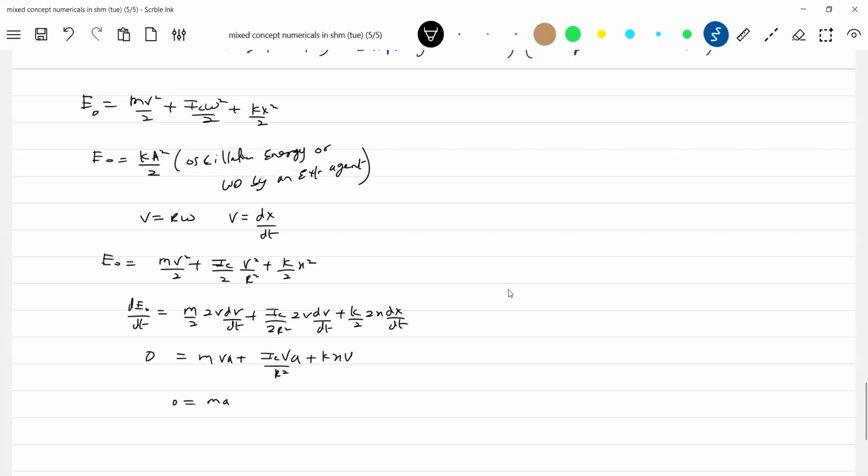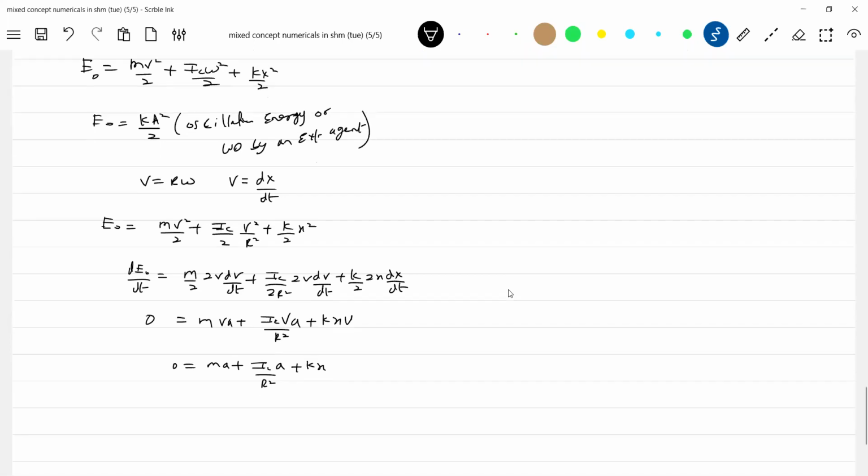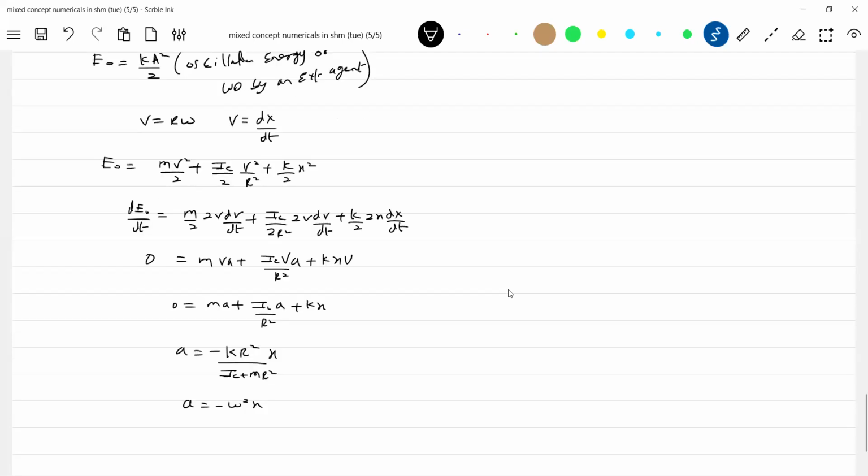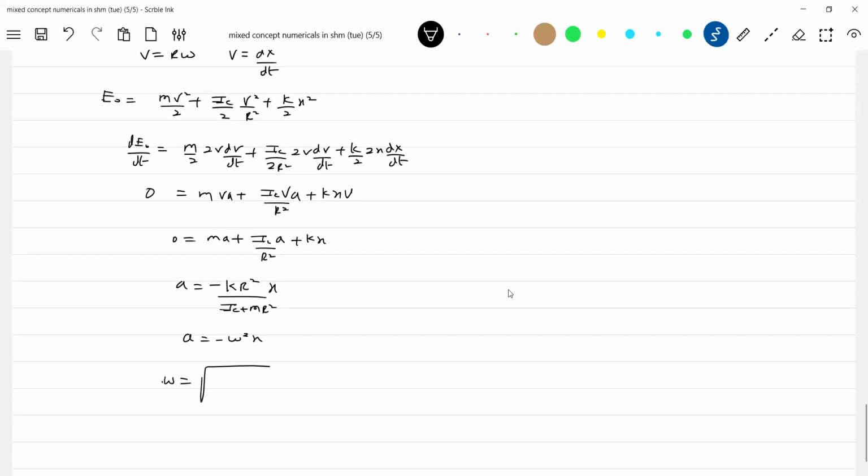This will become MA plus IC by R square times A, the same equation that we had earlier.